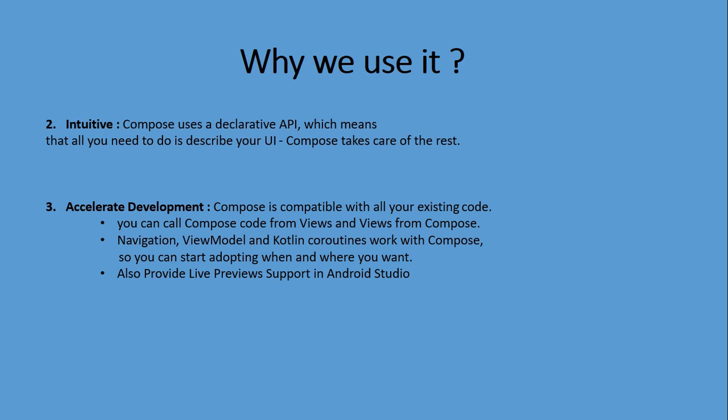You can directly see a live preview of your component or screen in Android Studio. Also, you can run that component or screen directly on your Android device without running the whole app. So these are the major benefits that Compose provides us, and it will also accelerate the development process.